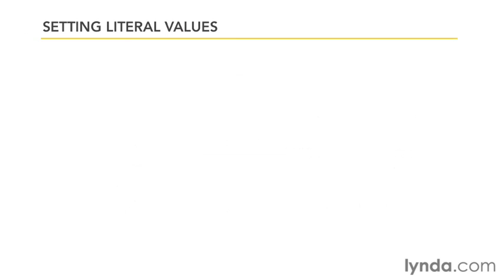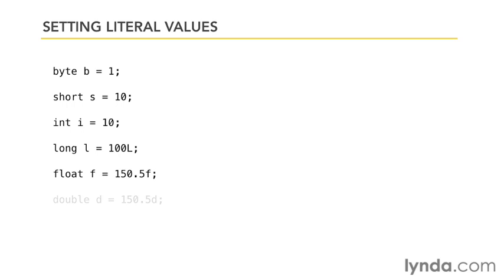When you use primitives, you can set their values directly using literal representations of numbers. For the first three primitive data types, byte, short, and int, the syntax of the number is pretty conventional. It's just a numeric value without any quotes. You can't include string values such as currency symbols or commas. When you get into the larger numbers, the long, the float, and the double, the syntax is a little different.